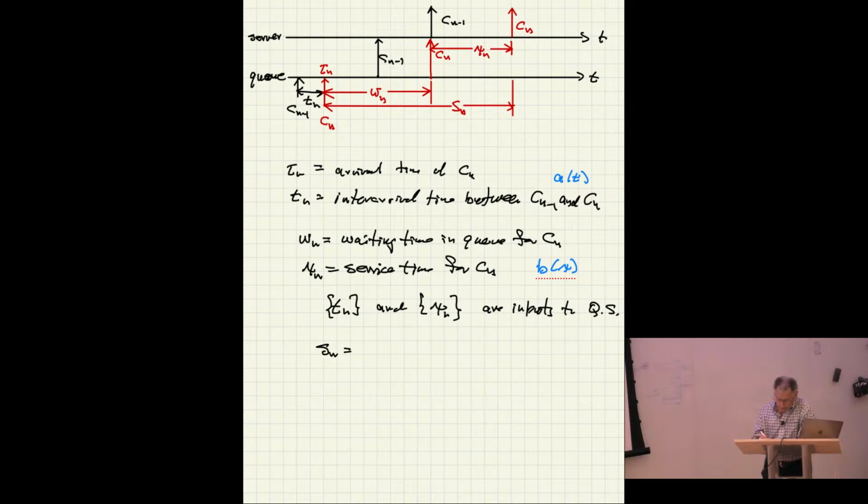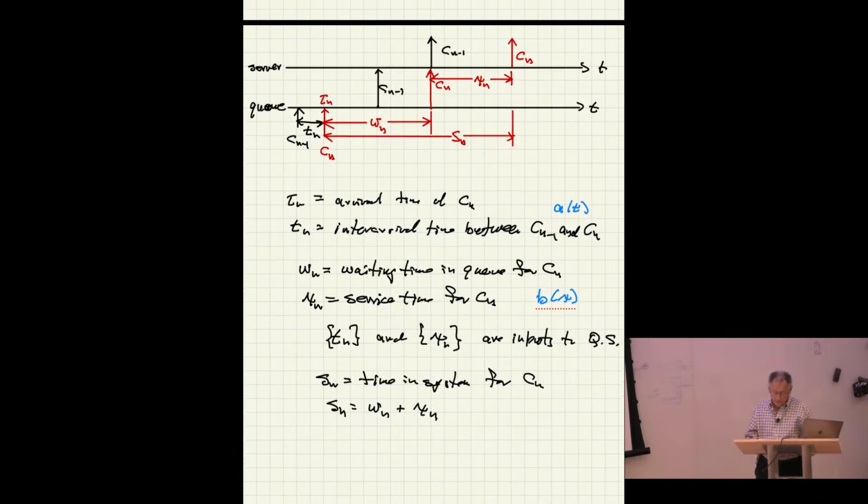S sub n equals the time in system for Cn. And by the way, Sn can be written in terms of some of the known variables. It's the time in queue, Wn, plus the time in service, Xn. So this is a very handy diagram to see what's going on in the queuing system. We're going to take advantage of it later as well.